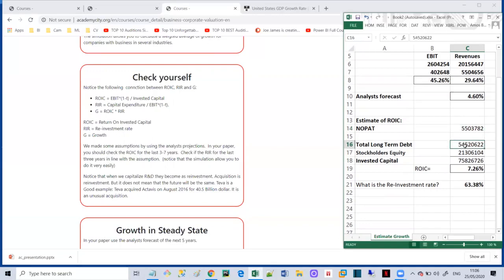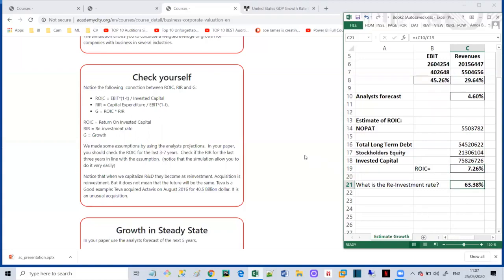Then you take the invested capital, which is the sum of long-term debt plus stockholders' equity. I take this one, divide by this one, I get an estimate of ROIC. Then, if I know this number and this number, I take this one, divide by this, and that will be my estimate for the reinvestment rate.